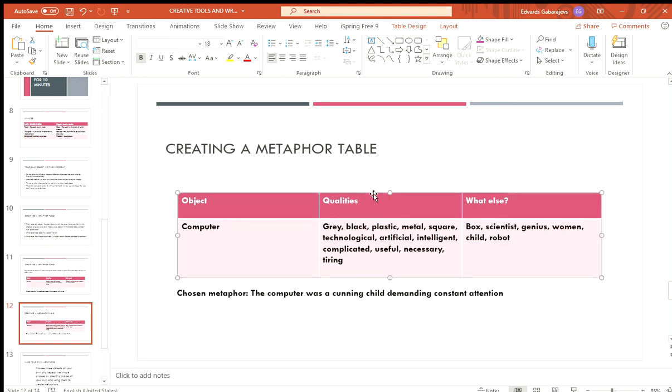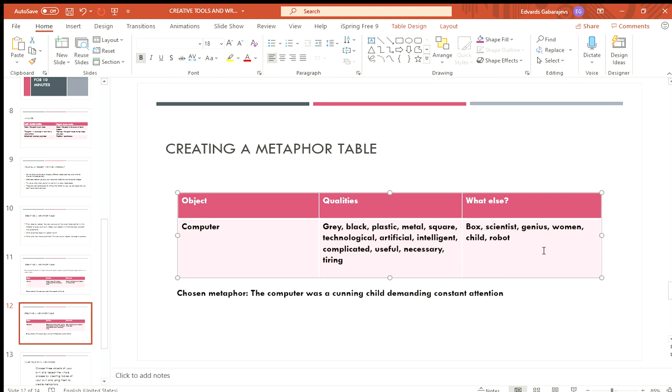The more different qualities you can come up with, the more other objects you can come up with, and then the more interesting your metaphors can be, the more interesting your text can be, the more creative a writer you are, the more people want to read your stuff or are interested in reading a certain piece.